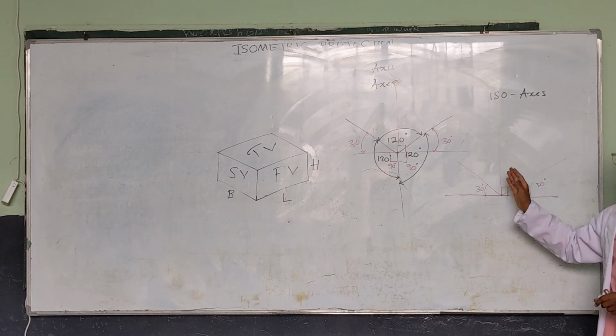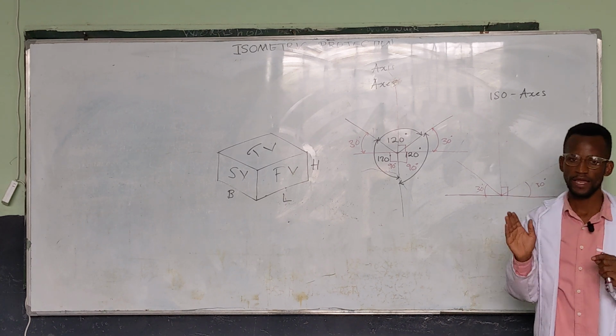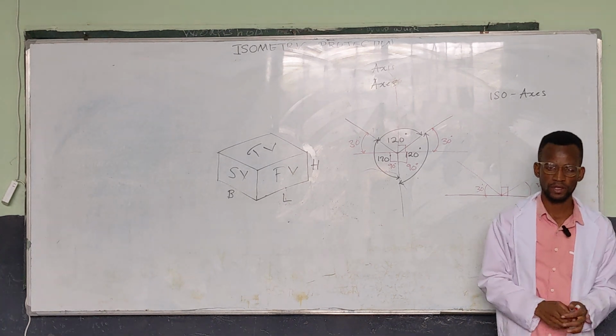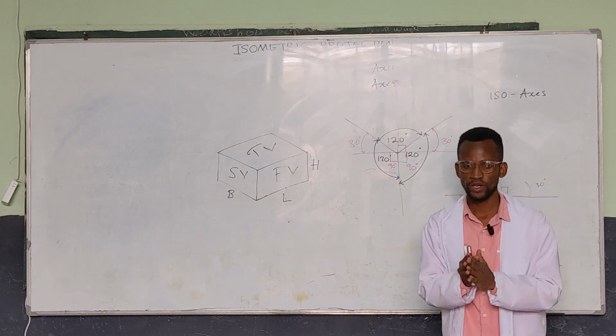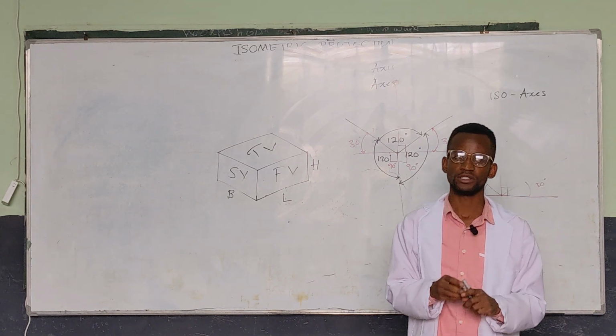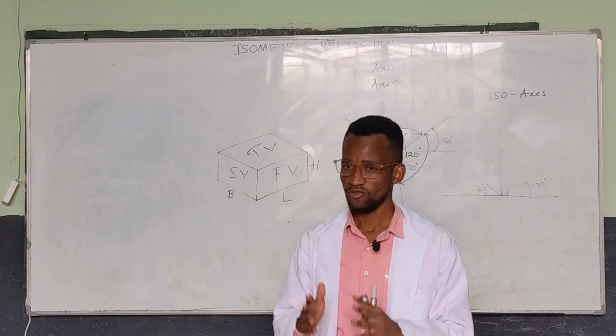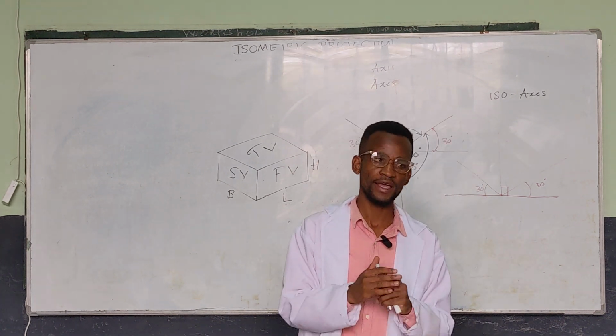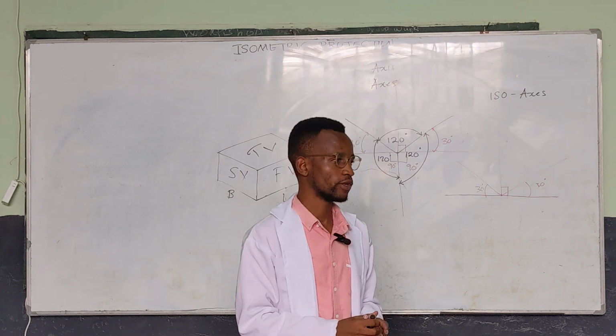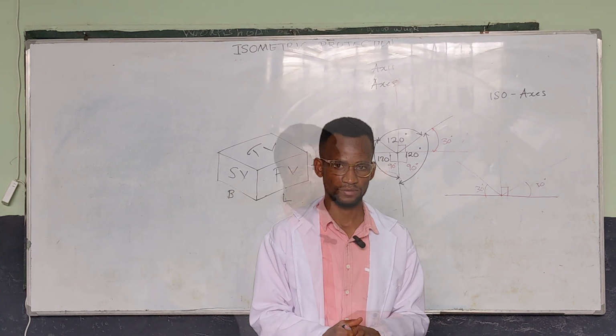This is the basis for an isometric drawing, any isometric drawing for that matter. You cannot start drawing an isometric drawing without drawing isometric axes. Are we together? Whenever you've been asked to draw any isometric drawing, you start with axes.